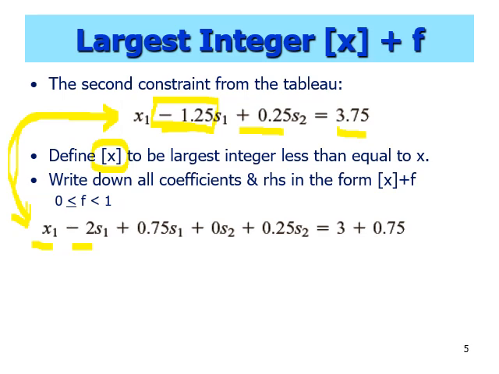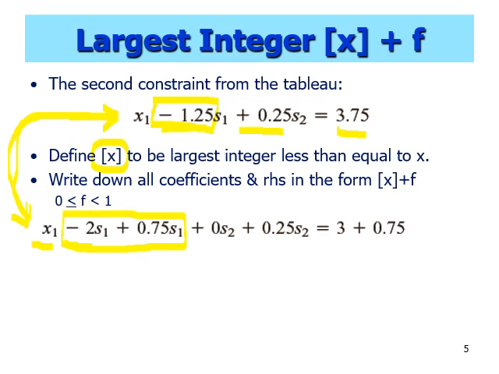All the integers that are less than or equal to minus 1.25 are minus 2, minus 3, minus 4, minus 5, minus 6, minus 7, and so on. Among all those integers, we pick the largest one, which is minus 2. So we write down minus 1.25 as minus 2 plus 0.75.